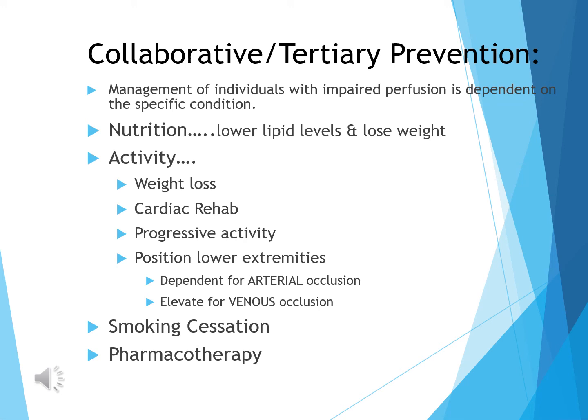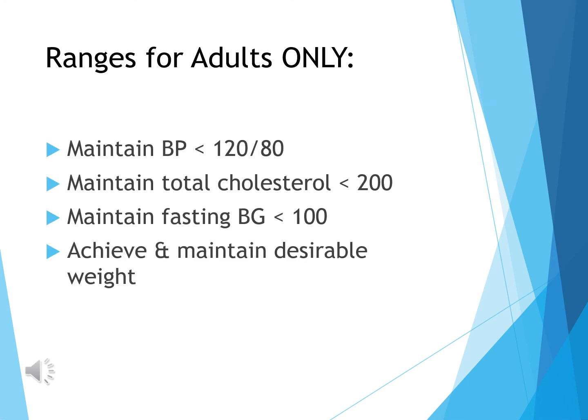If we have a patient that has arterial occlusions, being in the dependent position, or elevating extremities for a patient that has venous problems or venous occlusions, smoking cessation and teaching our patients about that, and then teaching them about their medications.